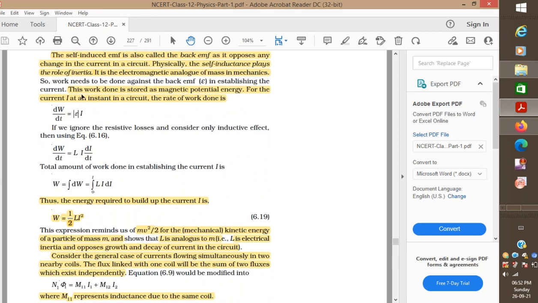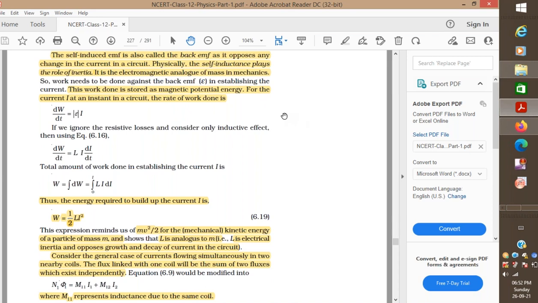And as I said, self-induced EMF is also called back EMF as it opposes the change in the current in the circuit. Physically, self-inductance acts as an inertia in the electric circuit. So self-inductance plays a role as the mass in mechanics.